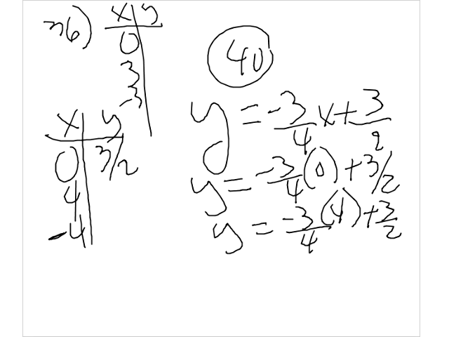Well, the 4 over 4 cancels out, and we get minus 3 plus 1.5, which is minus 1.5, or minus 3/2.